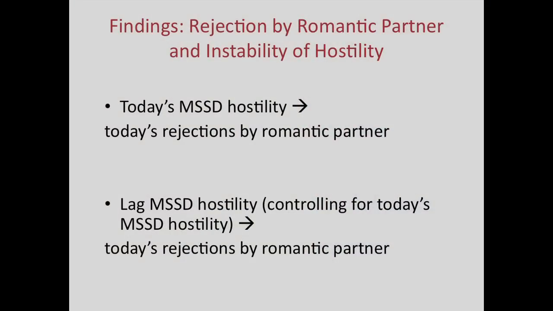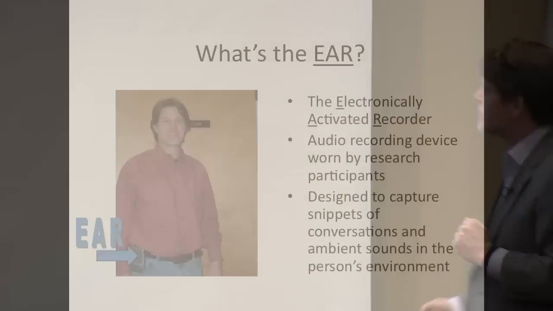Interestingly, when you went the day before, we found that the instability of hostility, controlling for today's hostility, could predict the feelings of rejection by a romantic partner. So that suggested that the unstable mood state the day before made you vulnerable to, or set you up for, feeling rejected by your romantic partner the next day. Interesting. Okay.